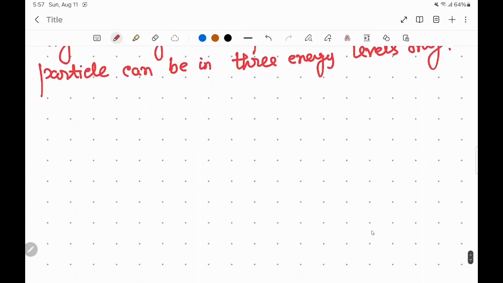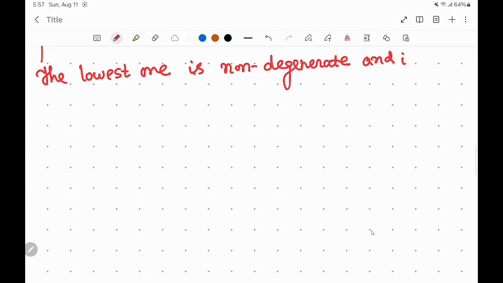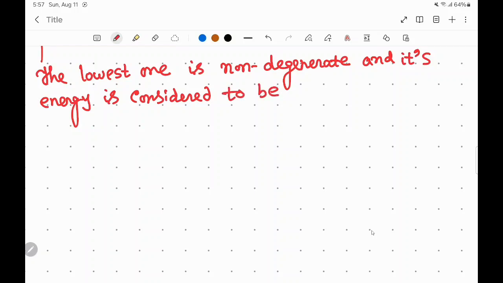The lowest one, called the ground state, is non-degenerate, and its energy is considered to be zero.